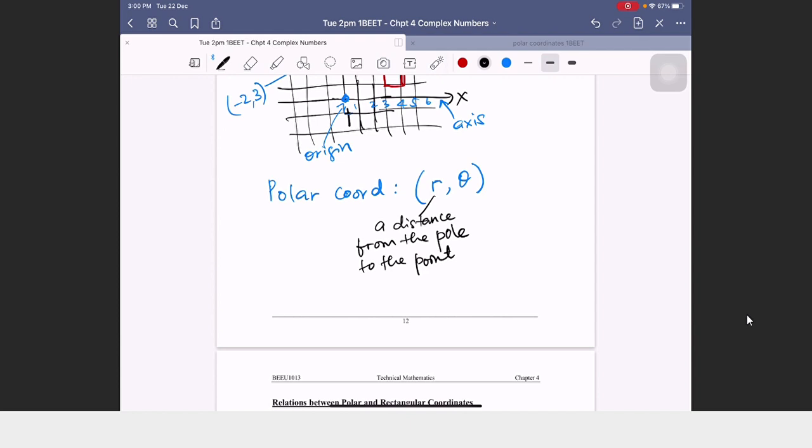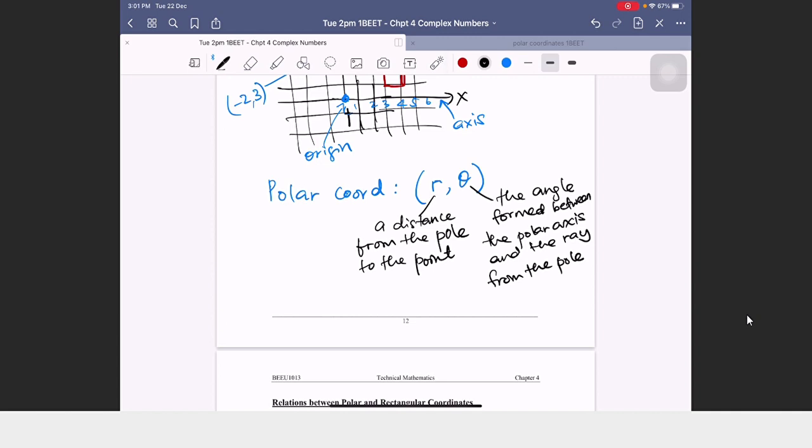Whereas theta represents the angle formed between the polar axis and what we call the ray from the pole.